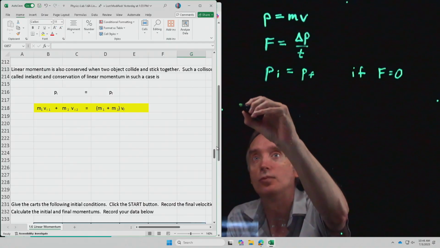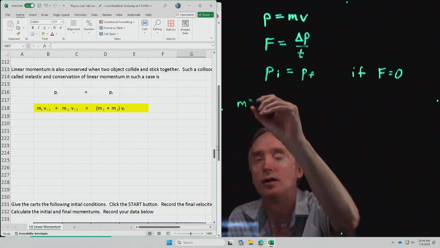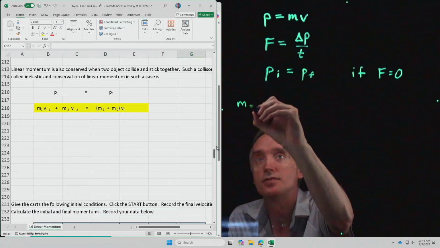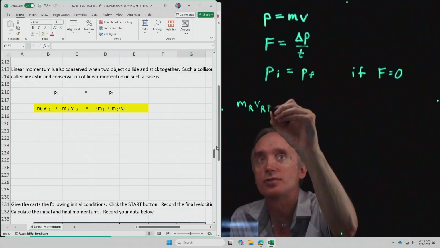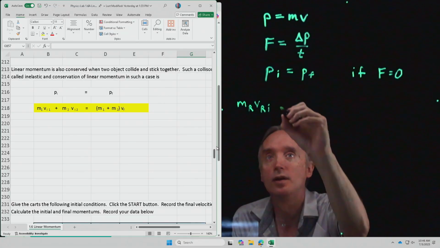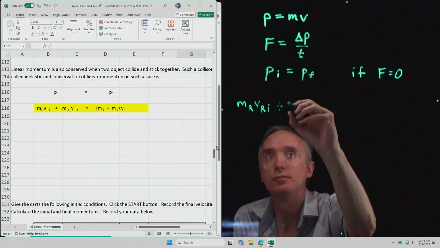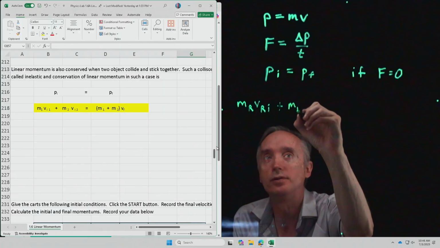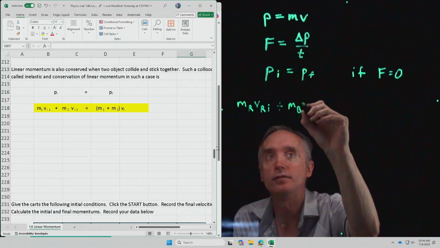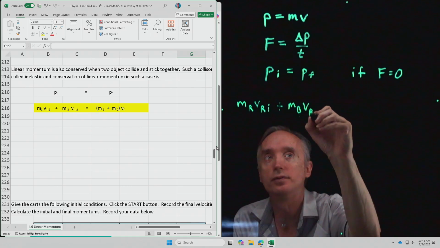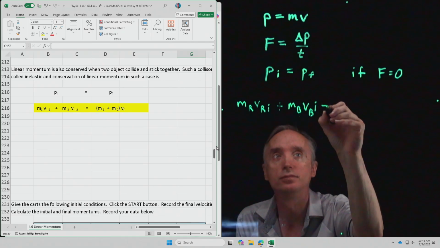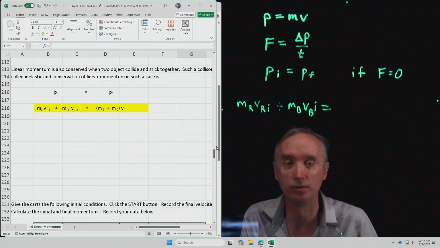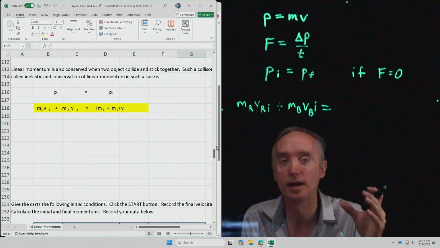So this time we're going to have the momentum of the red one, so the mass of the red one times the velocity of the red one initial, plus the mass of the blue one times the velocity of the blue one initial, has to equal the total momentum afterwards.